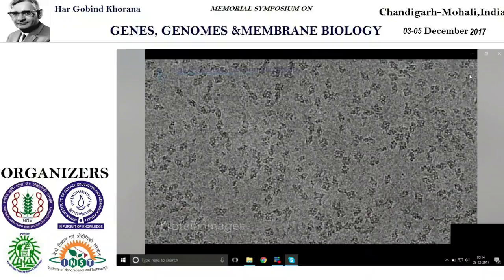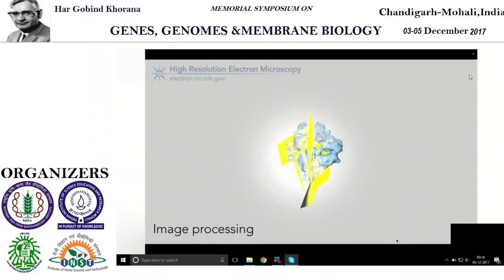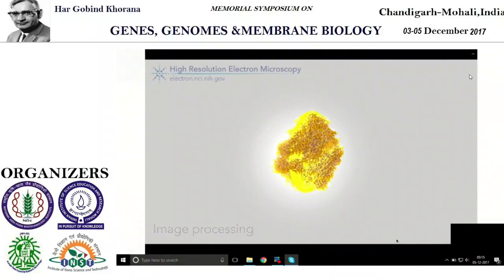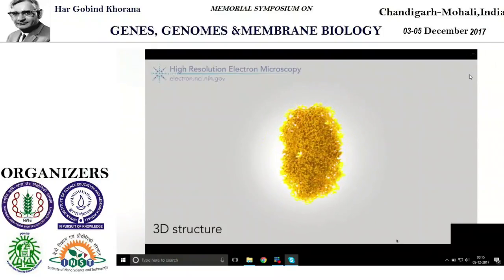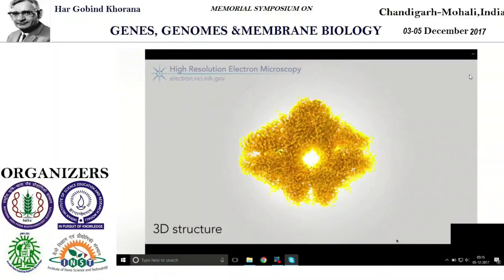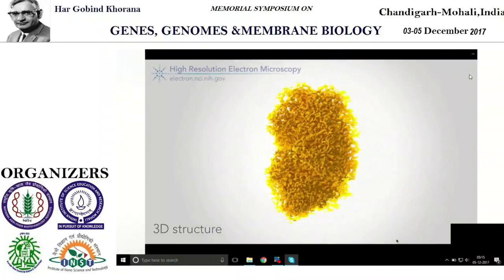So each of these structures you see here are images of the protein, and one can then computationally process these images to reconstruct the 3D structure. Many of these data sets are somewhat automated, and I think the excitement is that the methods can now potentially be very generally used.